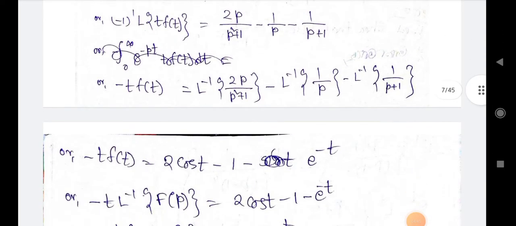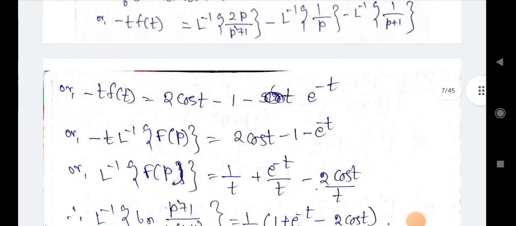Now next step, minus t into f(t) equals Laplace inverse of twice p by (p square plus 1) minus Laplace inverse of 1 by p minus Laplace inverse of 1 by (p plus 1), or minus t f(t) equals twice cos t minus 1 minus e to the power minus t.